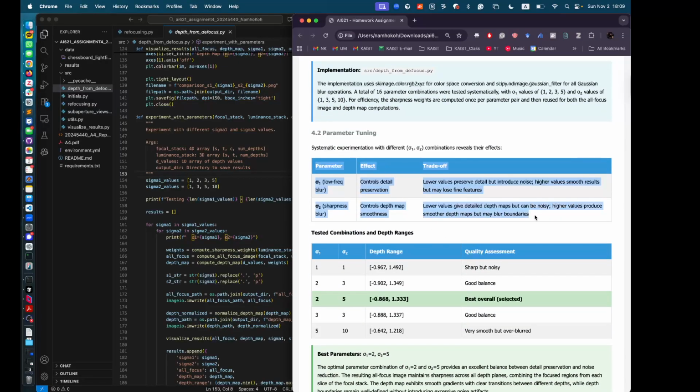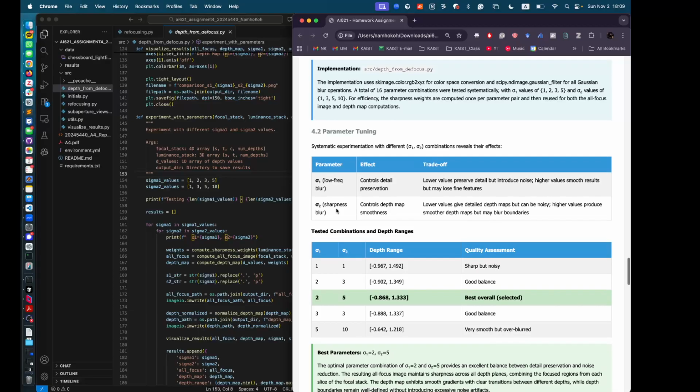Here's the basic parameter tuning comparison table. Sigma 1 controls detail preservation, so lower values keep more details but introduce noise, whereas sigma 2 controls depth map smoothness: lower values give detailed but noisy depth maps, and higher values produce smoother results but may blur boundaries.